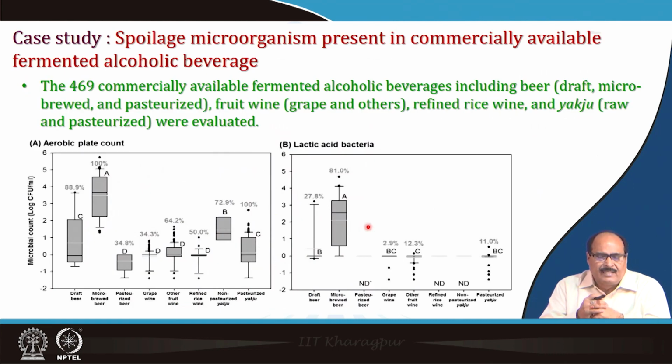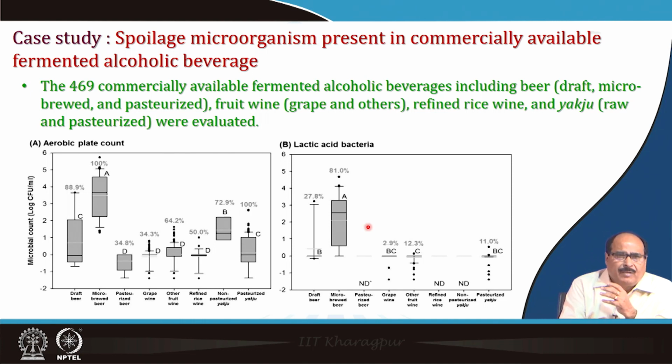Here is one case study where about 469 commercially available fermented alcoholic beverages, including beer, draft, pasteurized fruit wines and their grapes and others, even fortified rice wine, both raw and pasteurized, were evaluated.